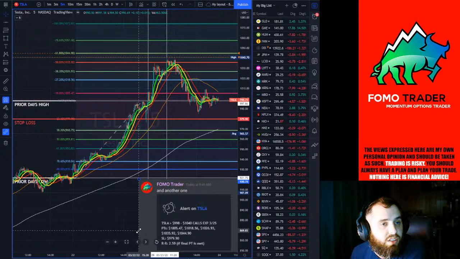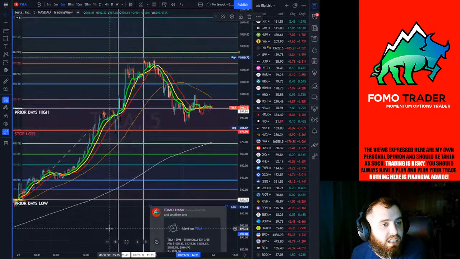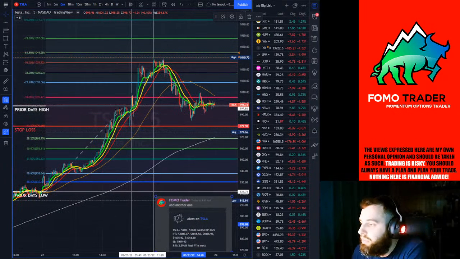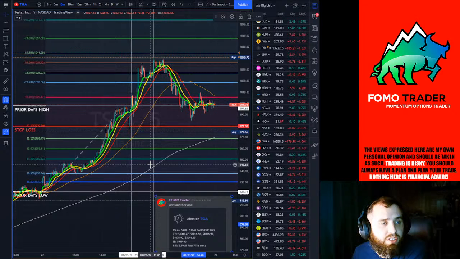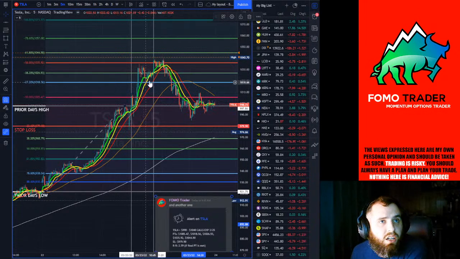If you entered those contracts at that time, at 9:40 a.m., those contracts were $12.34 if you got a fill. It hit all the price targets up until the second to last one. We went all the way to the 50% fib and bounced a little bit above it.